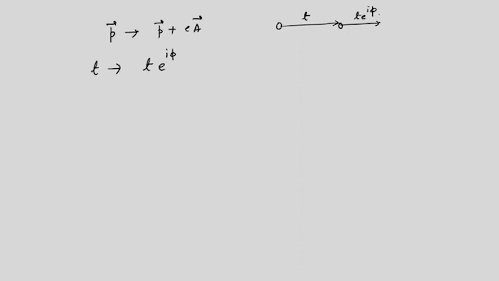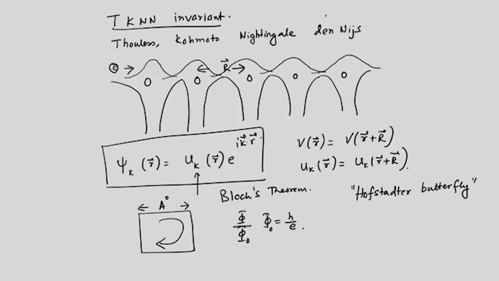And just to remind you, I gave you the wave function, but I have not told you anything about the energy. The energy can be obtained within some approximation, which is called the tight binding approximation.